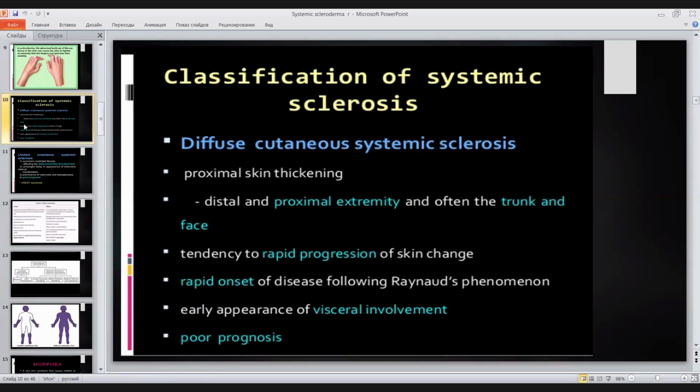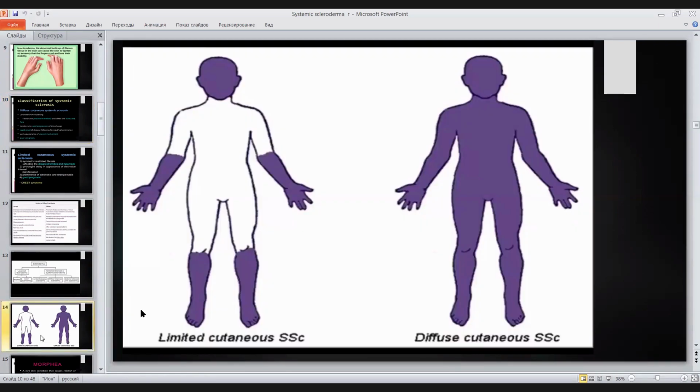Diffuse form. What about diffuse form? Okay. First of all, look at this. In this picture, in diffuse form, the skin of a patient with systemic scleroderma is affected 100%, all parts of the body affected by fibrosis. In a limited form, the distal part is affected.